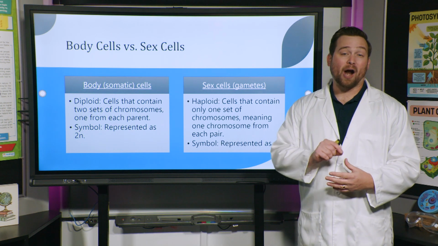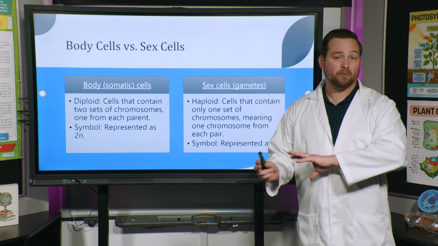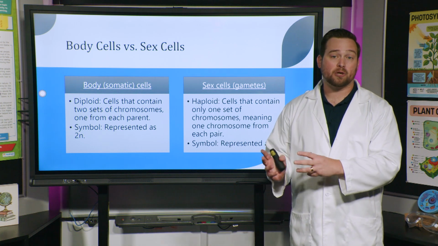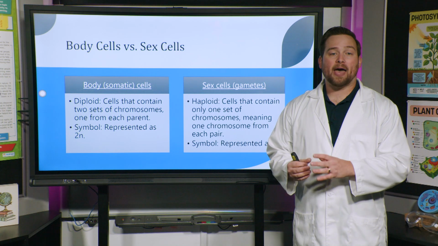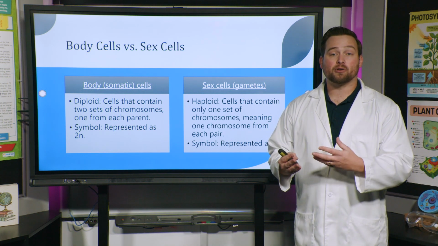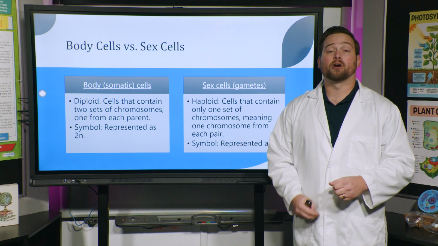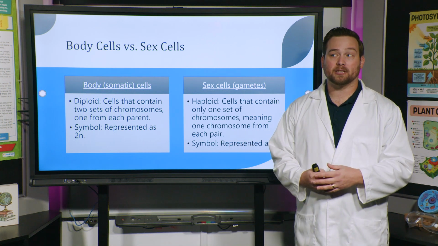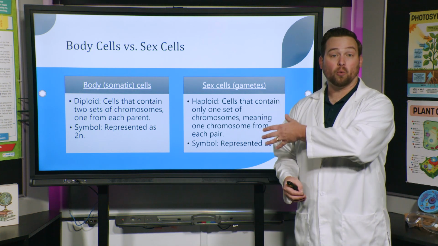There'll be a point where we have to count the number of chromosomes in a cell, and we're going to write that as 2n. N is the number of chromosomes, and because these are diploid, which means you have 1 chromosome from mom and 1 from dad, we write it as 2n, which basically means you have a pair of chromosomes for every single one.